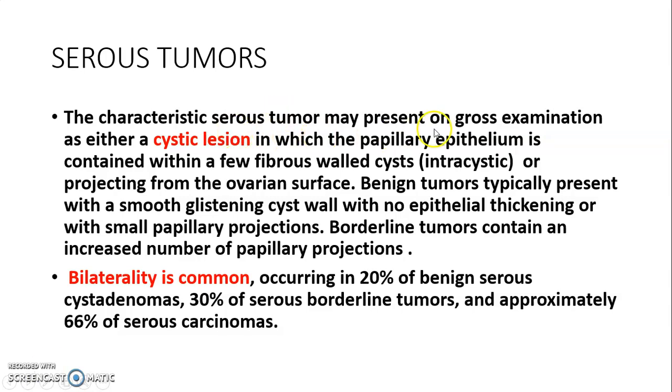Characteristic serous tumor may present on gross examination as either a cystic lesion in which the papillary epithelium is contained within a few fibrous walled cysts or projecting from the surface epithelium. Borderline tumors contain an increased number of papillary projections. Bilaterality is common, occurring in 20% of benign serous cystadenomas, 30% of serous borderline tumors, and approximately 66% of serous carcinomas. So, serous tumors are mostly cystic tumors.